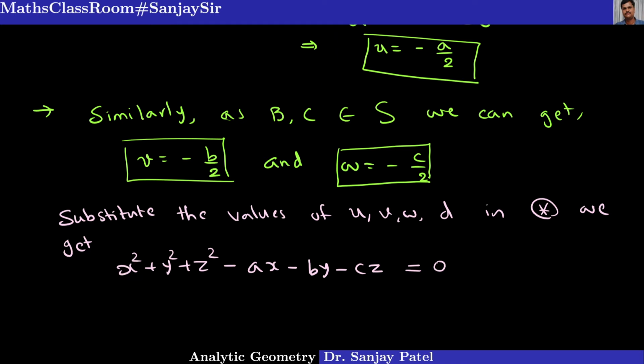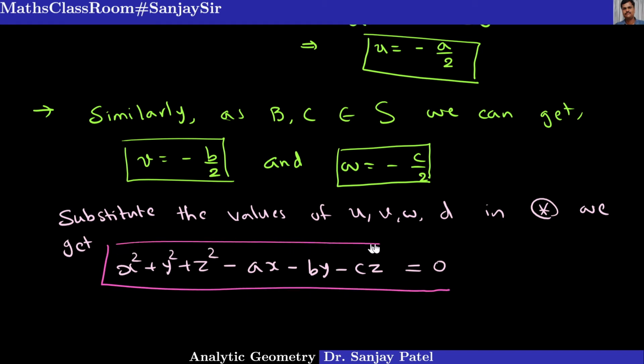So this is a very important equation of a sphere passing through 4 points, (a, 0, 0), (0, b, 0), (0, 0, c), and the origin (0, 0, 0).